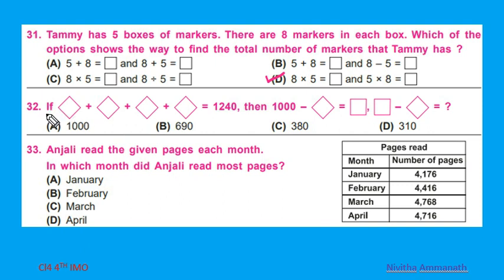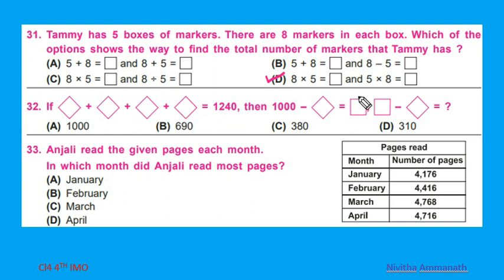Next one, 32. If diamond plus diamond plus diamond plus diamond, that is 4 diamonds, equal to 1240, then 1000 minus 1 diamond equal to square. Square minus diamond equal to extra. So 4 diamonds equal 1240.